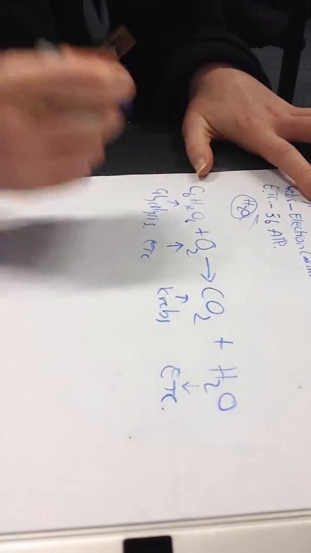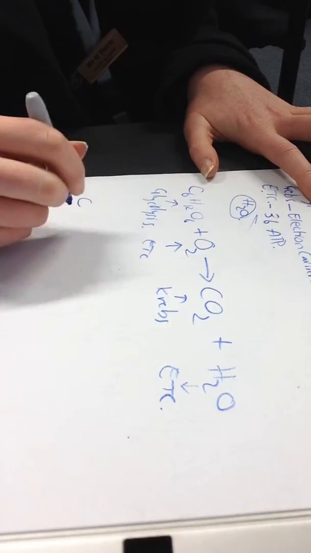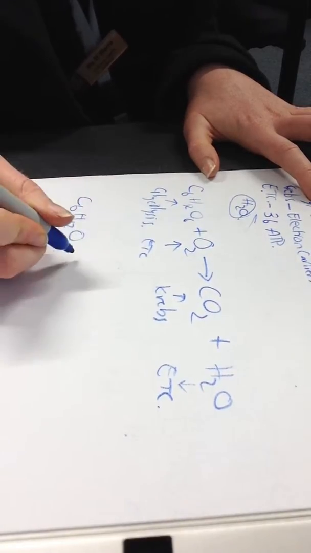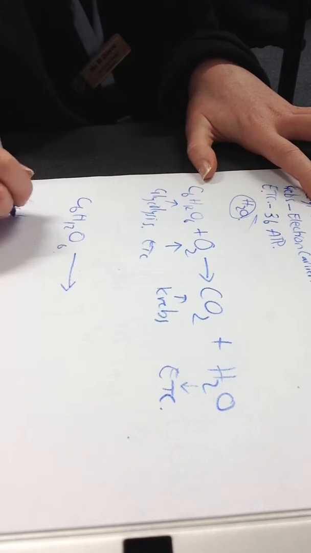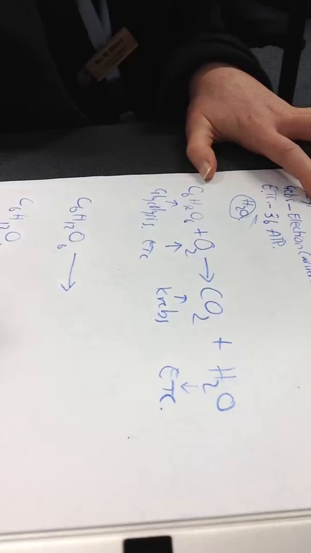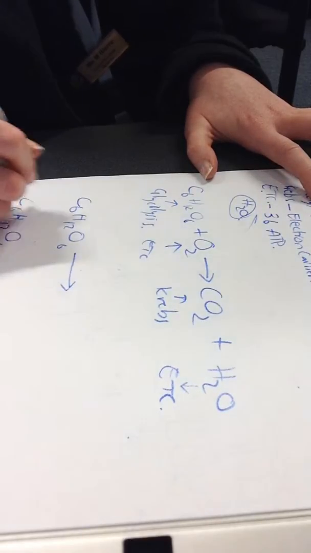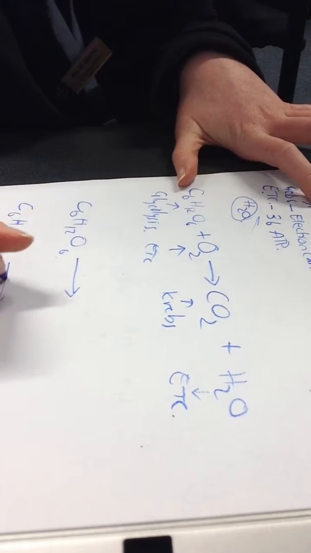Now, if we're talking about anaerobic respiration, we're not talking about any oxygen. So you've still got your glucose, but you've got no oxygen. There are quite a lot of different things that can happen, but there are 2 that I'm going to talk about. You shouldn't really be asked to do anything other than this.